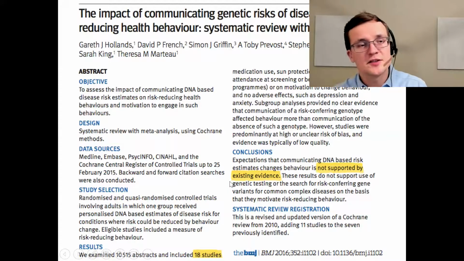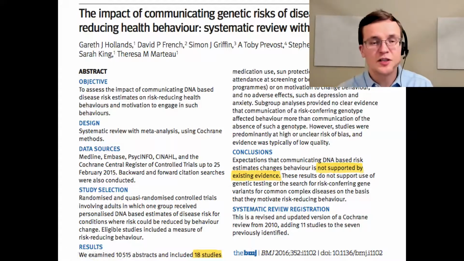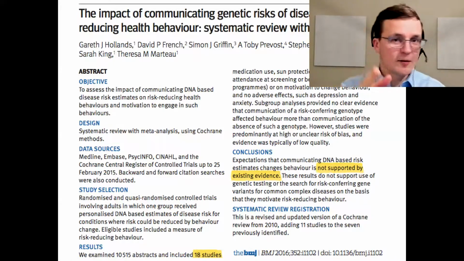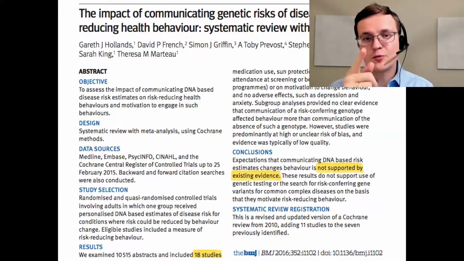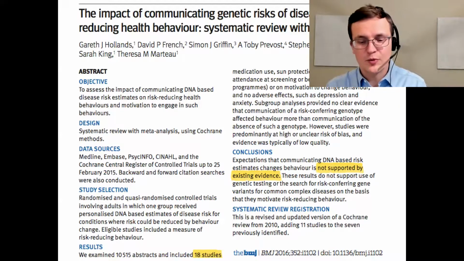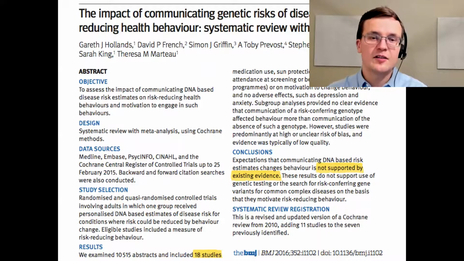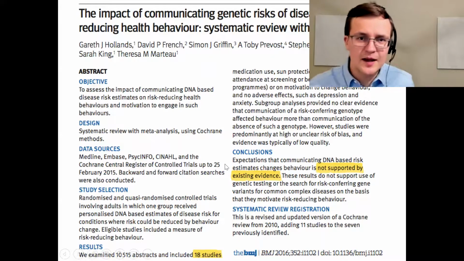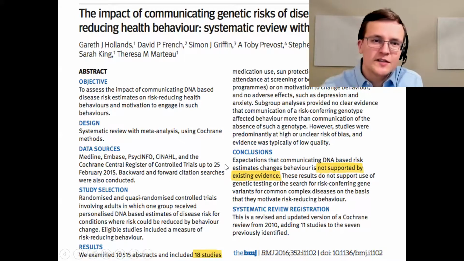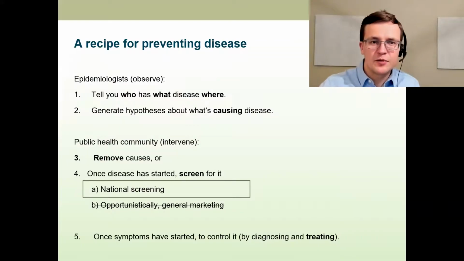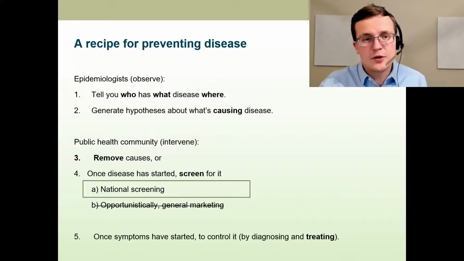It's just as useful and much cheaper to say, I don't know anything about your genes, but I do know that you probably should change your diet. And that will generate the same degree of behavior change. So it's nice to know where the evidence lies when you see some of these buzzwordy, contentious claims occasionally being put out even by politicians.